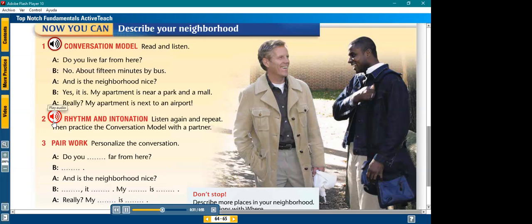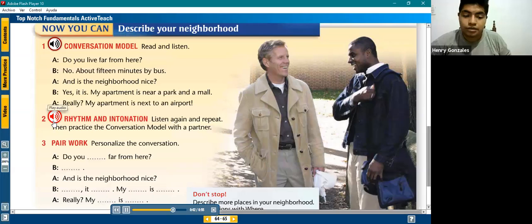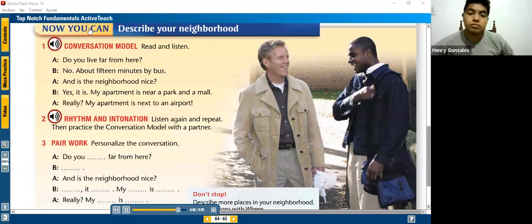And is the neighborhood nice? Yes, it is. My apartment is near a park and a mall. Really? My apartment is next to an airport.